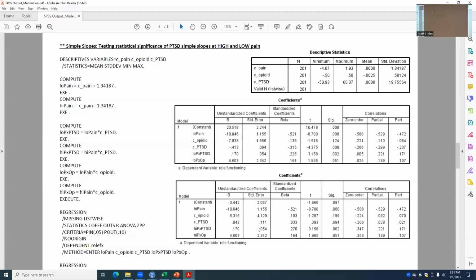And you already knew that based on the interaction. The fact that the interaction had a low p-value tells you already that the effect of PTSD on outcome is dependent on pain, right? Simple slopes is just a way to start to tease this apart and say, okay, so what does this kind of look like? And that's how we're teasing that apart with this approach.